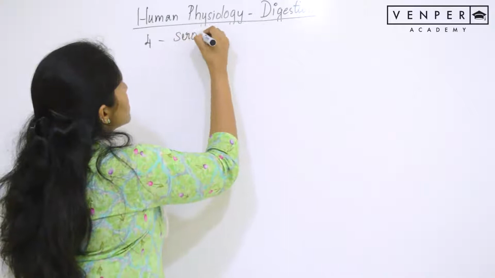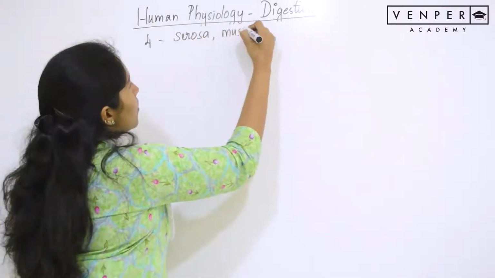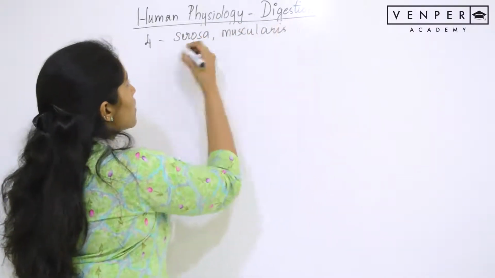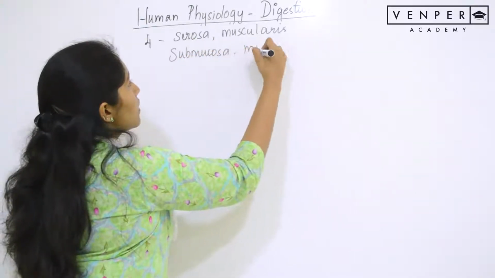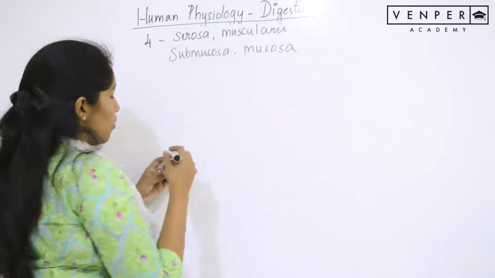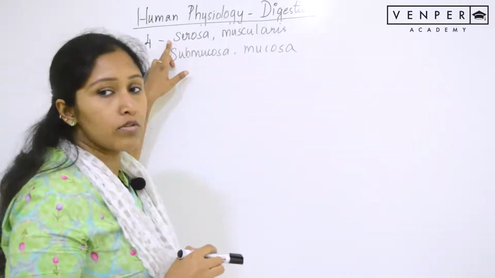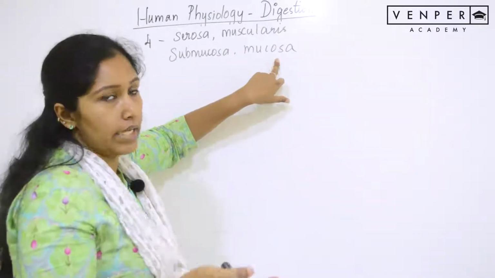They are the serosa, muscularis, submucosa and the mucosa. The serosa is the outermost layer and the mucosa is your innermost layer.